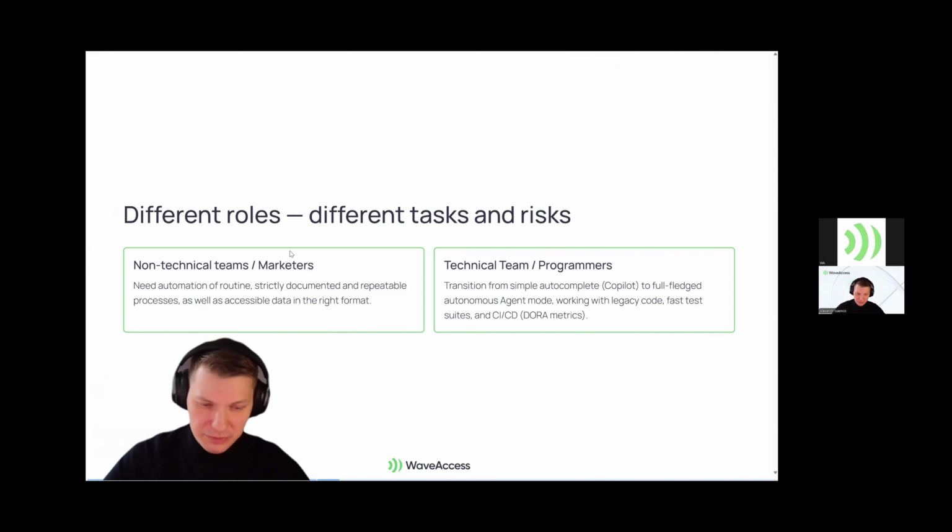For non-technical people, you need to talk about automation of routines, automation of document generation, less repeatable tasks, the right data accessible in the right format. You should not go deep into the technical side. You should go around the processes, around what people are doing. But when you talk to technical people, there's always a technical side which should be covered.